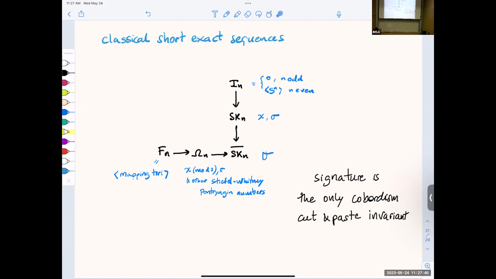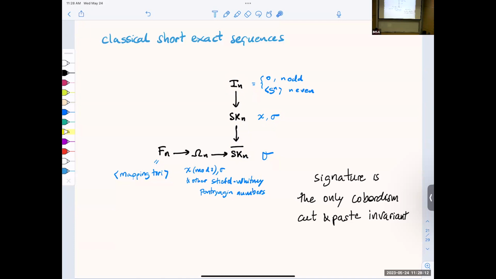And over here in blue, I've already written down a little bit of a description of the group. The first kernel here is going to be 0 when n is odd, and generated by spheres when n is even. The Euler characteristic and the signature, as I said, were invariants of this SK group. The only remaining invariant here is the signature.